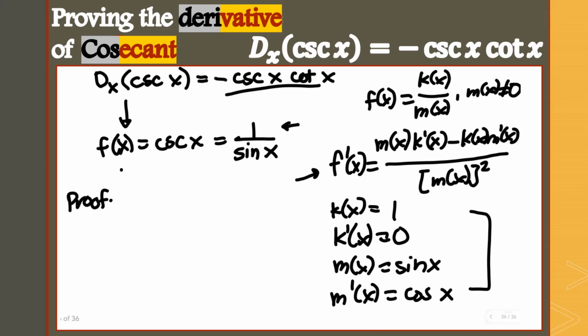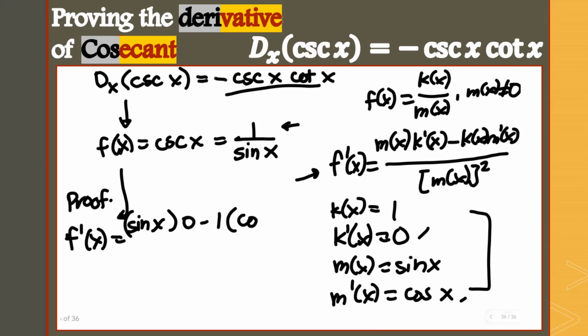Okay, so here is the proof now. For f prime of x, we'll have the denominator, that's sine x, times the derivative of your numerator, which is 0 here, minus your numerator of 1 times the derivative of your denominator, positive cosine x, all over the square of your denominator, which is sine x.